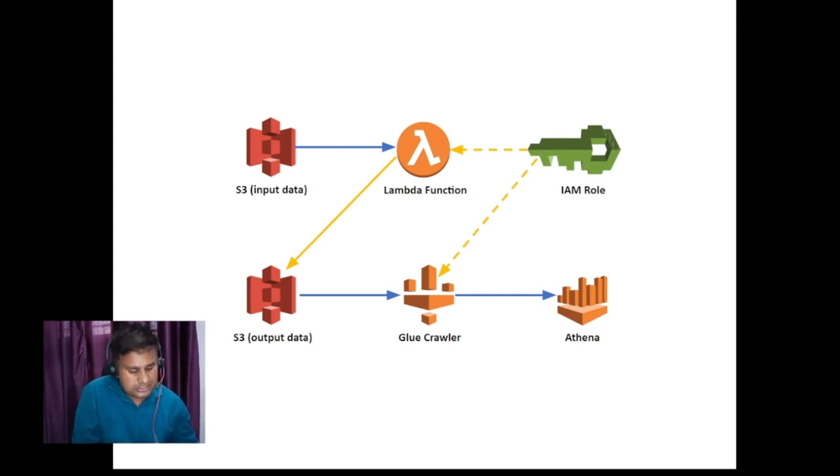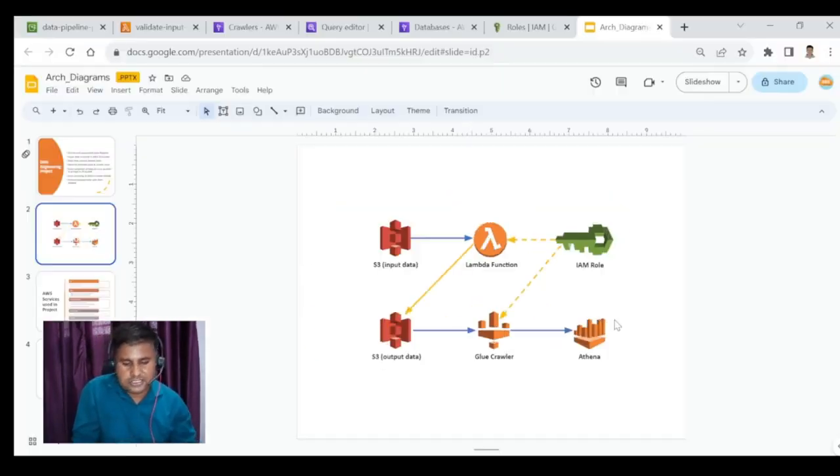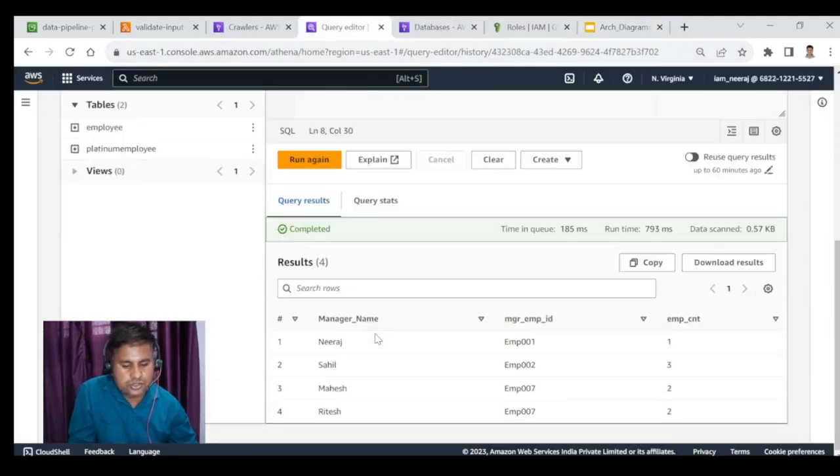Athena only knows that there is an employee table, and behind the employee table there is a file stored in the S3 bucket. So at runtime, when you are executing the query, it reads the data from S3, analyzes it, and finally displays it as a table on the query editor, and you think it's coming from a table. But actually Athena works on file level, it comes directly from the file.